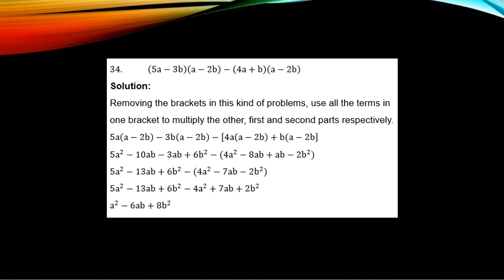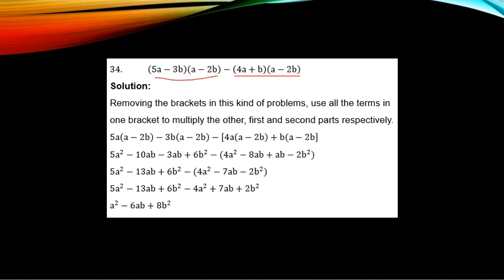Example 34. So you have two brackets, multiply themselves, another two brackets, multiply themselves. Removing the brackets in this kind of problems, use all the terms in one bracket to multiply the other, first and second part respectively.